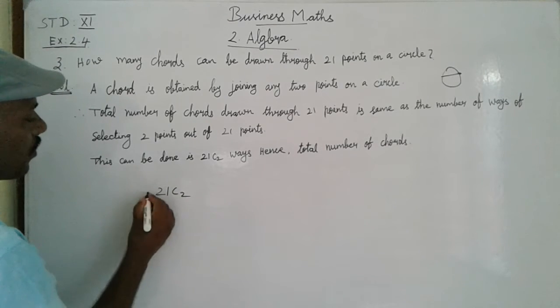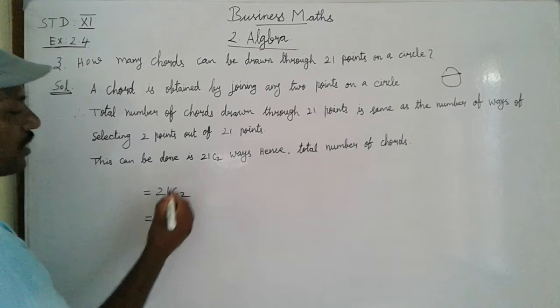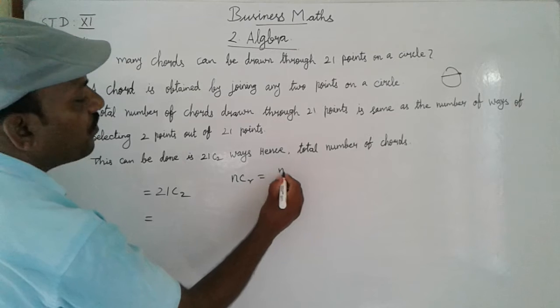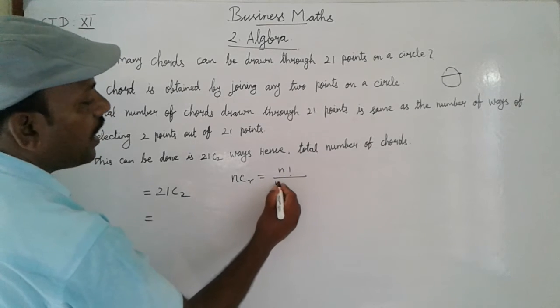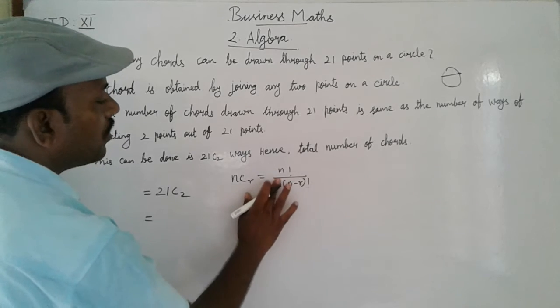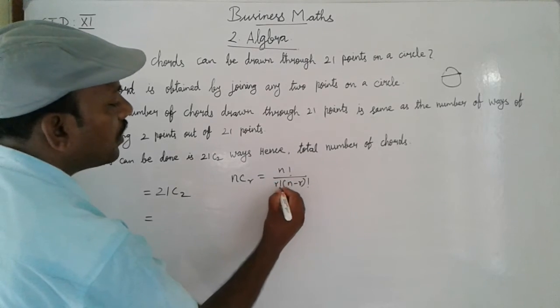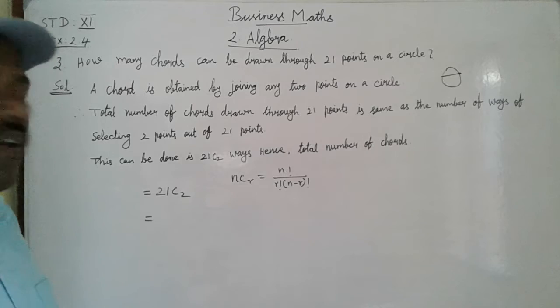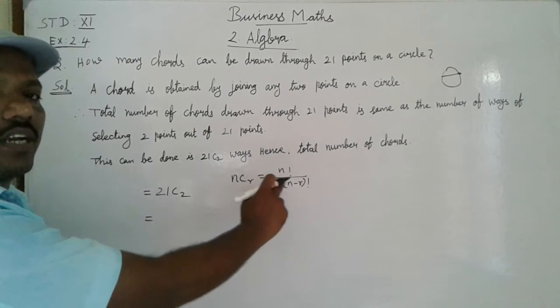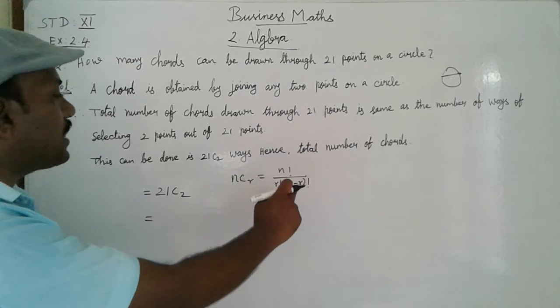21c2 equal to, we know the formula nCr equal to n factorial divided by r factorial into n minus r factorial is the formula.